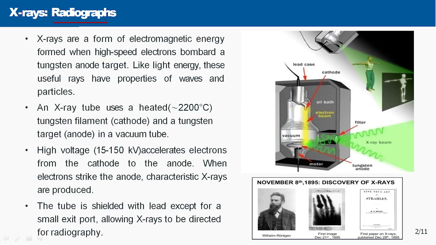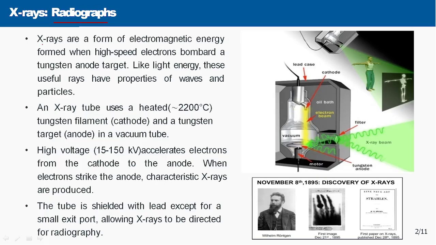The cathode generates an electron beam when heated, which we call thermionic emission, or in some cases we can also provide a high potential, so that it can also be electrostatic emission.